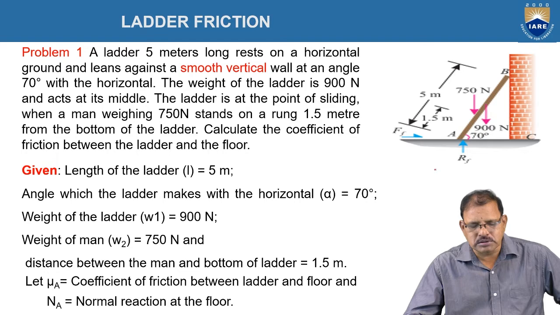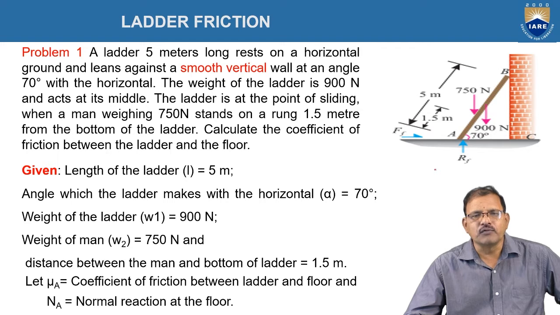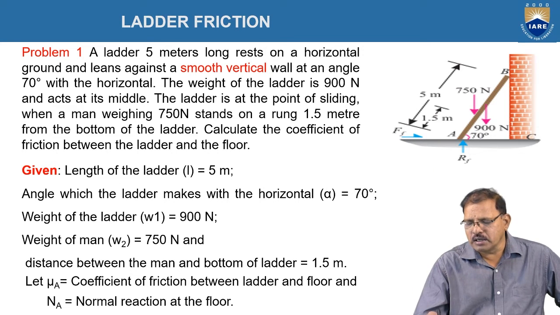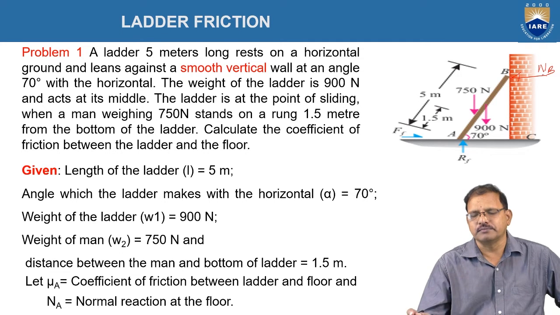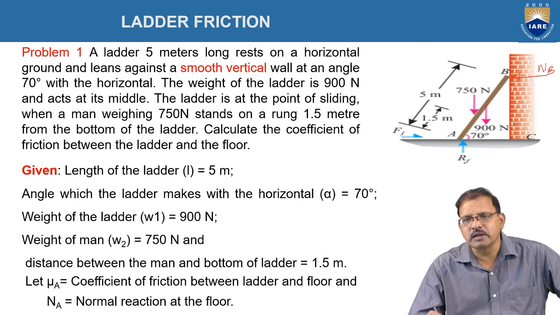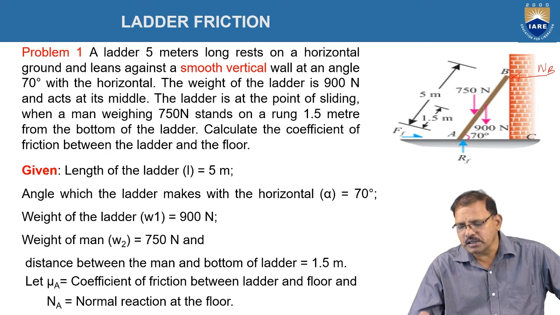Now in this problem, the vertical wall is smooth, hence the force of friction between the vertical wall and ladder is 0. That means Fb is equal to 0. Only at B it has a normal reaction, Nb. So the forces are the frictional force at A, Fa, the normal reaction at A, Na, and the normal reaction at B, Nb.